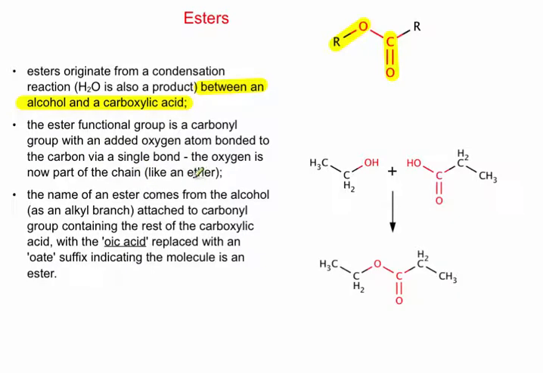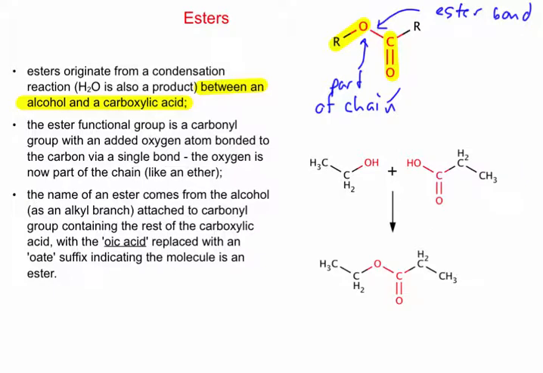So the ester functional group now has this single bond O as part of the chain. Okay, so now that's part of the chain in your molecule, and it's a good dividing point. Actually, the dividing point is this bond that gets formed between the carboxylic acid and the alcohol. That bond is known as an ester bond. And so it gets formed in the condensation process.